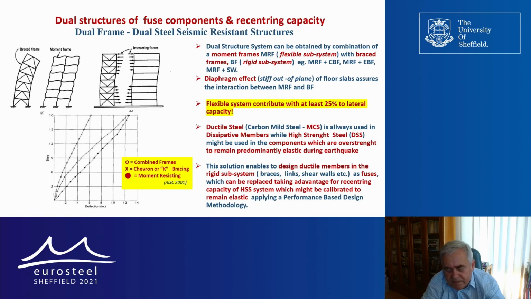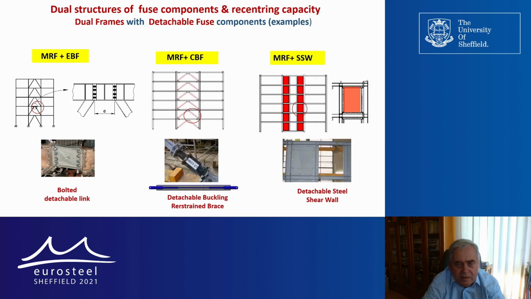It's good to keep in mind this, because this is something which is important also for recentering system, which is practically at the end the main subject we are targeting in this presentation.